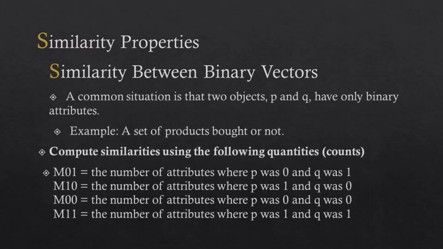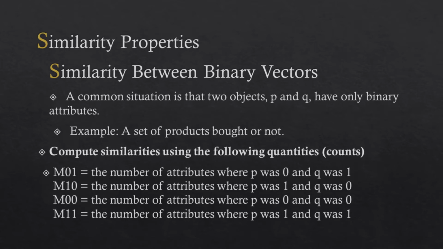Similarity between binary vectors. It is a common situation that two objects, which is the P and Q, have only binary attributes. For example, a set of products that are both or not. We need to compute similarities using the following quantities.